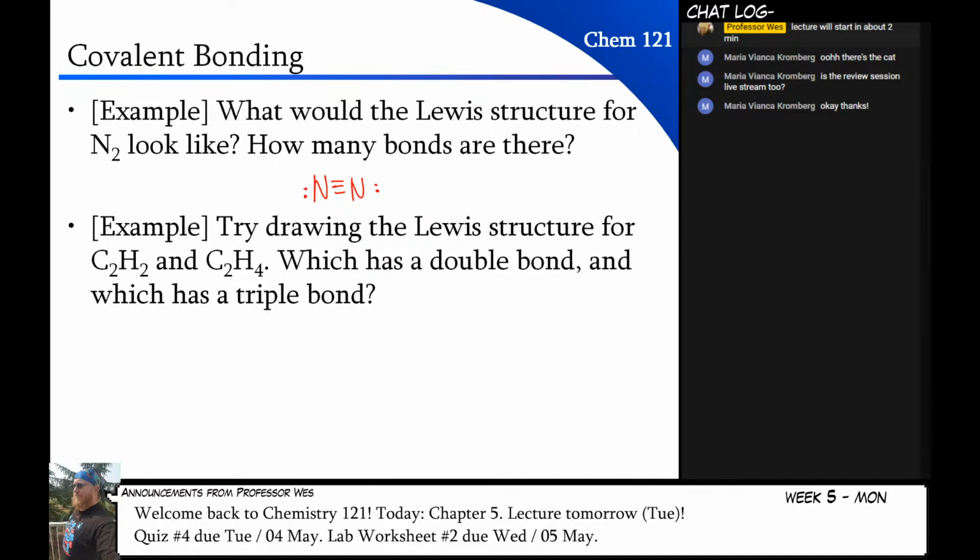I'll redraw the NN Lewis structure up at the top there, just so it's there on the screen. Let me know if you have any questions, though.